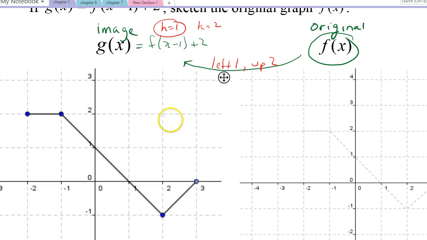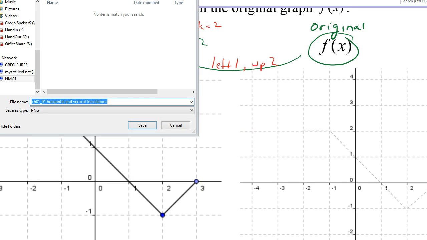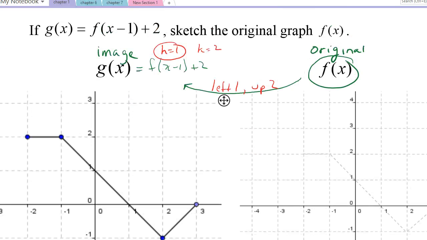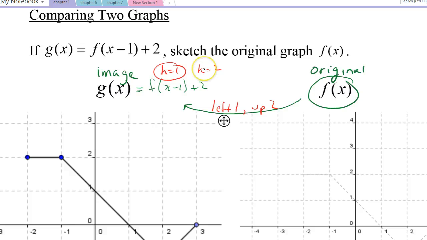Okay, so how could I go the other way now? If I'm given g of x and I have to figure out what f of x was, if I have to go from my image back to my original, I have to undo those things. So I'm going to be going right 1, down 2.